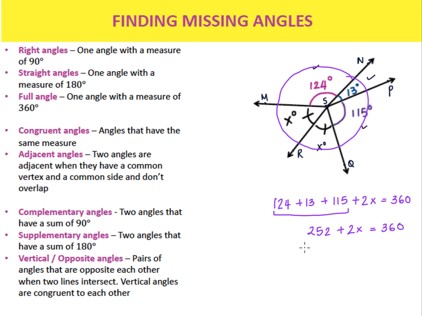Now if I take away 252 from both sides, I get 2x equals 108. And since 2x equals 108, x must be equal to 54. So each of these angles, MSR and RSQ, the measure of these two angles is 54 degrees.